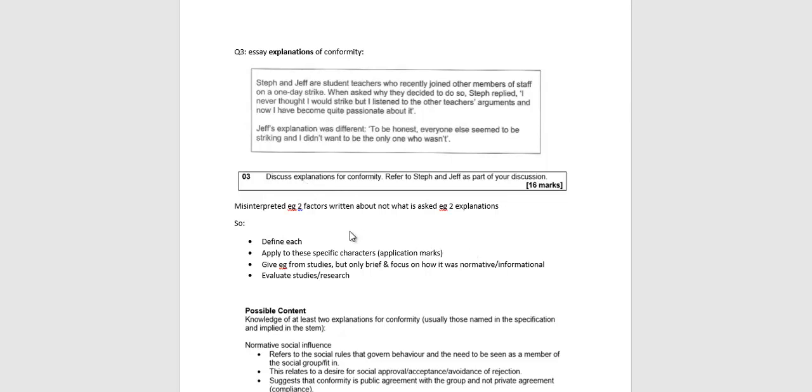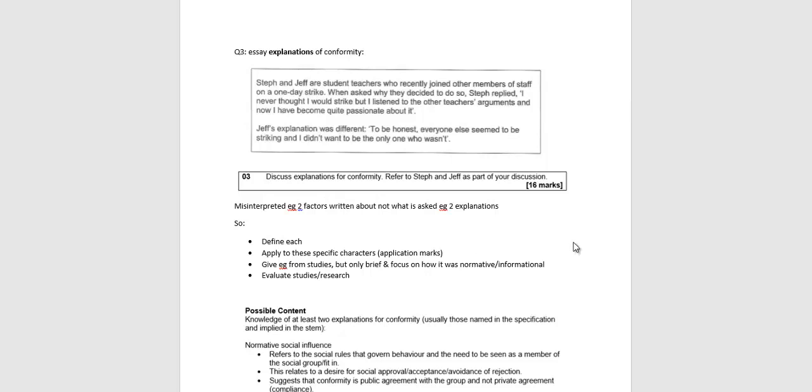Okay, so our basic plan is to define each of them, then apply them to these specific characters, for your application marks. Then we're going to remember the question is discuss, so we have to give some examples, maybe some research, and then evaluate. Remember, discussion means strengths and weaknesses as well.